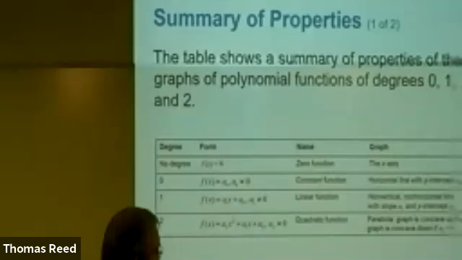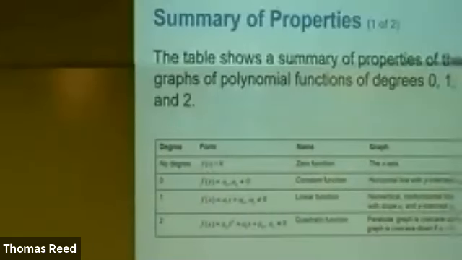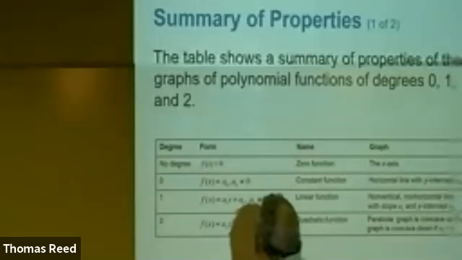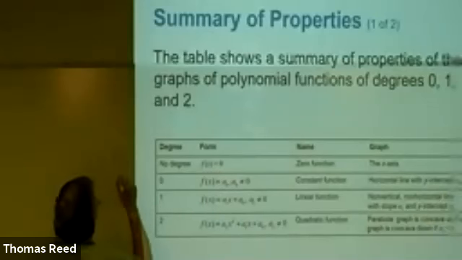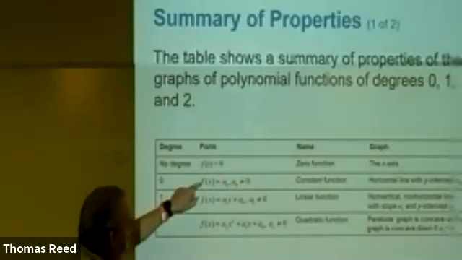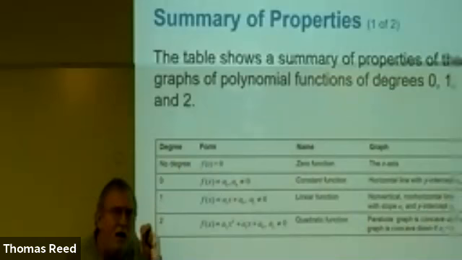Did we go over this chart? No. Okay. I'll talk about why the 0 function has no degree. All right, this is the 0 function, f of x equals 0. We talk about the degree. The degree of a function is the highest exponent on the variable.